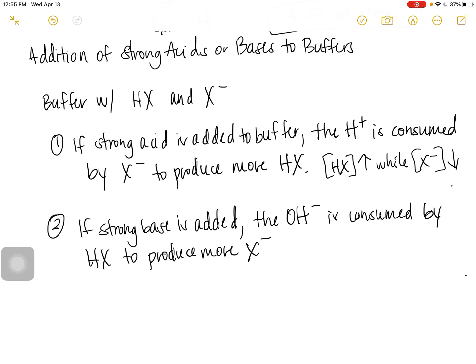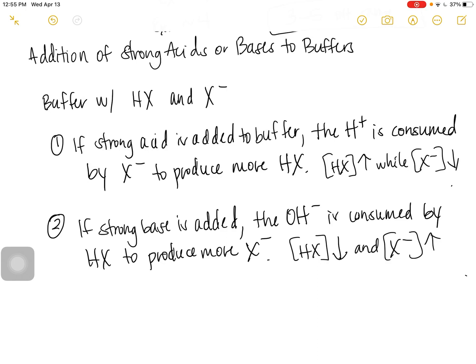So that OH minus is going to react with the H plus, take the proton, and leave you with X minus. So just like the reverse of the first reaction, the HX concentration is going to decrease because we're using that to react with the OH minus, and the X minus concentration is going to increase.